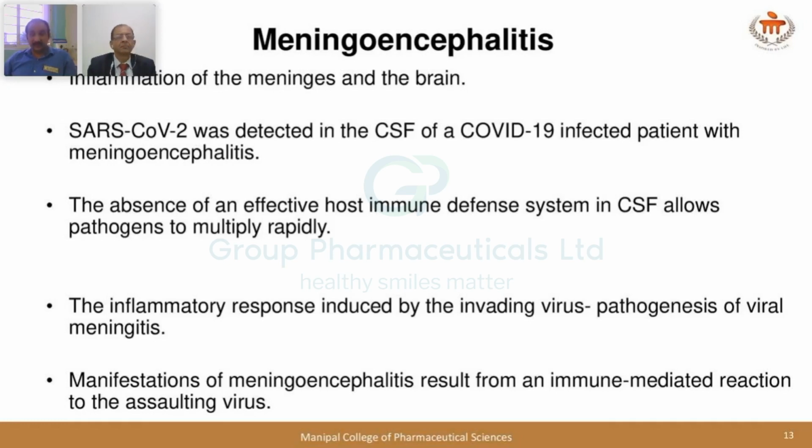As a result, the pathogens multiply rapidly, and the inflammatory responses that occur, along with the paucity in assaulting the virus, result in inflammation of the meninges and the brain, which is attributed to meningoencephalitis.